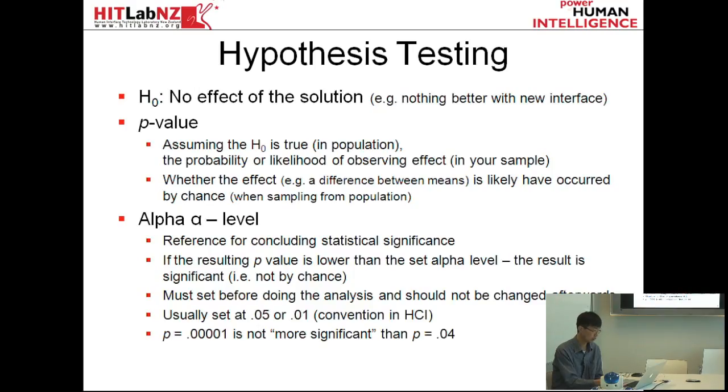So in essence, today we will be talking about tools that can calculate this p-value depending on different types of user study design. And all you have to do is, based on the p-value that you get out of the inferential statistics, make conclusions: either you reject H0 or not, and say there is a difference between the conditions or there is not.